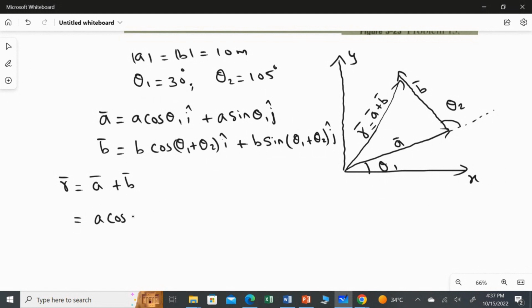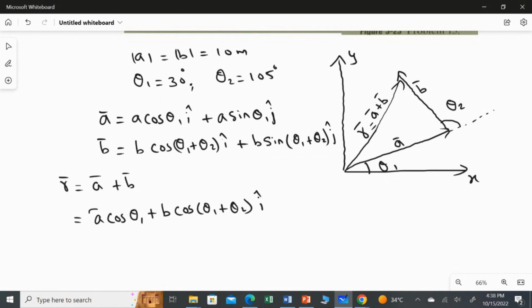A cosine theta 1 plus B cosine of (theta 1 plus theta 2), which is our i cap, right?